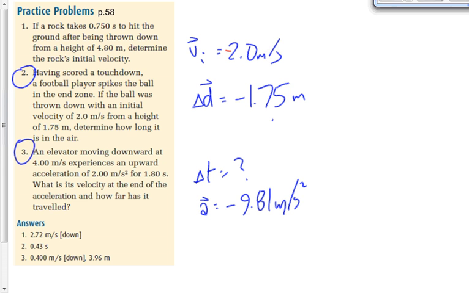There is one, and a number of people have asked me about this, actually. It's VIT plus 1/2 AT squared. I've got D, I've got VI, I've got A. The only thing I don't have here is T. Now that's a problem. To solve for T, if VI is not 0, it requires us to use something called the quadratic equation, which some of you haven't even learned about yet.